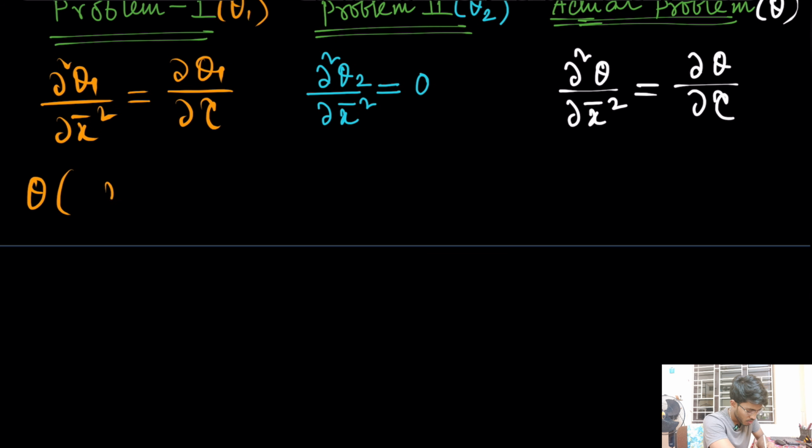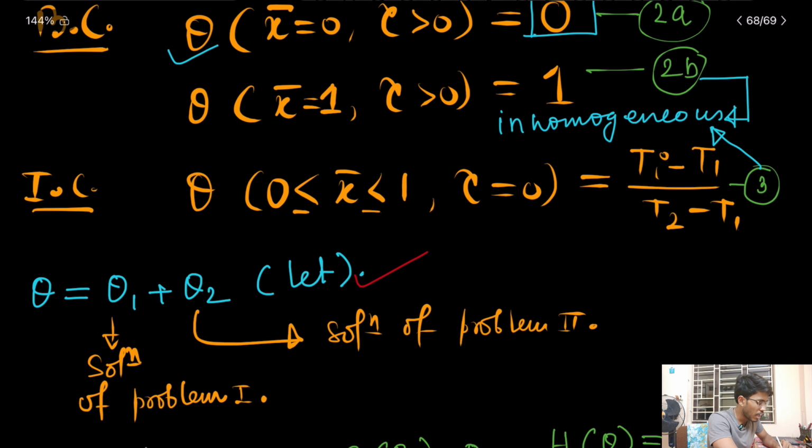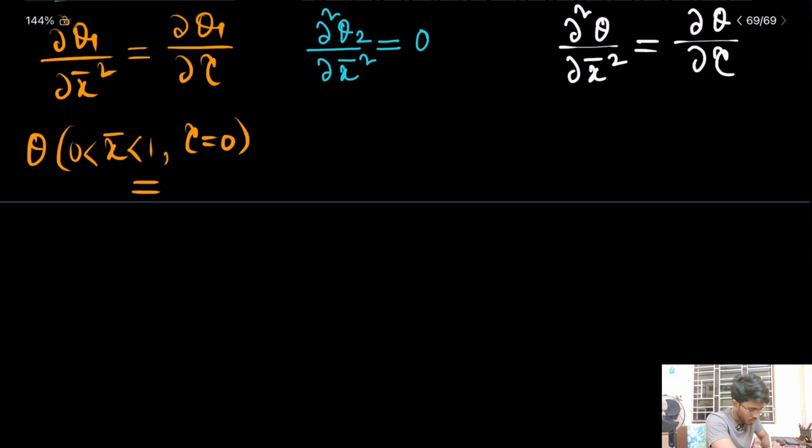theta for the whole domain, that is this, and for tau equal to 0 at initial time, this is equal to what? So this is equal to our, there was a given expression, this one, it is Ti minus T1 by T2 minus T1. So this is Ti minus T1 by T2 minus T1, right? And this is obviously theta 1, okay.